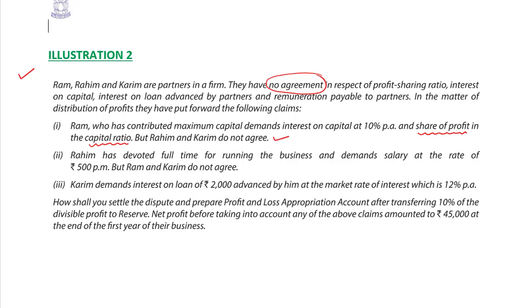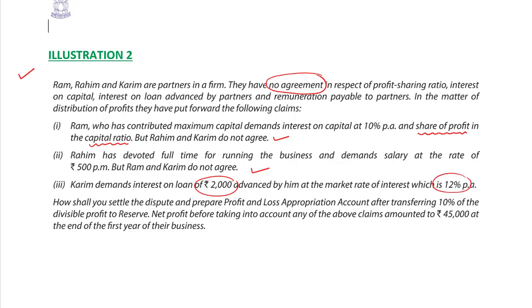Next, Rahim has devoted full time for running the business and demands salary at a rate of 500 per month, but Ram and Kareem do not agree. Kareem demands interest on loan at the rate 12% per annum on 2000 advanced by him.